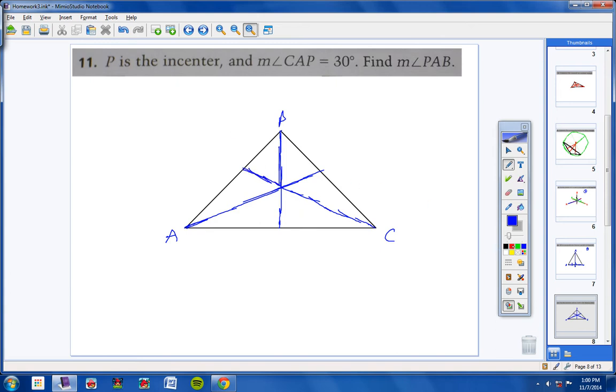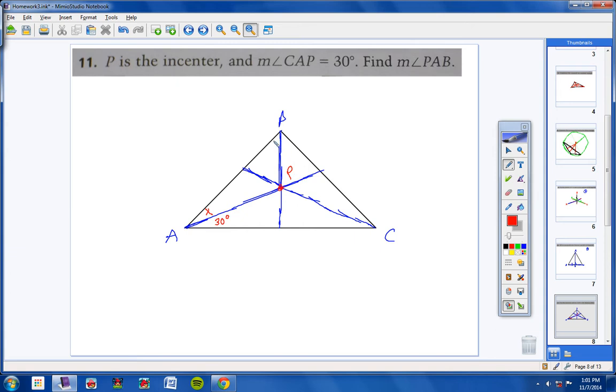Now the incenter is P. Angle CAP is 30, so CAP is 30. Find angle PAB, this angle here. Well, guys, it has to be 30. Remember, in order to draw an incenter, you have to draw angle bisectors.